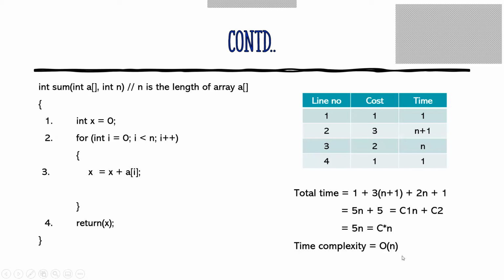So again, we are going to ignore the constant term because we only care about the term which is directly related to your input size. So this 5n term is mainly important because we can see it's depending on the input size. So if n equals 10, then it will be 50. So when we calculate the time complexity, we are again going to ignore this constant term.